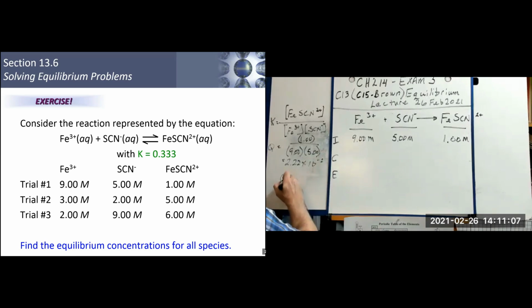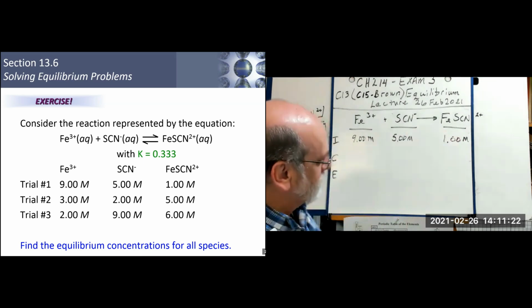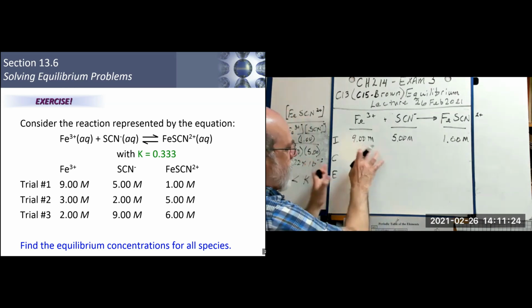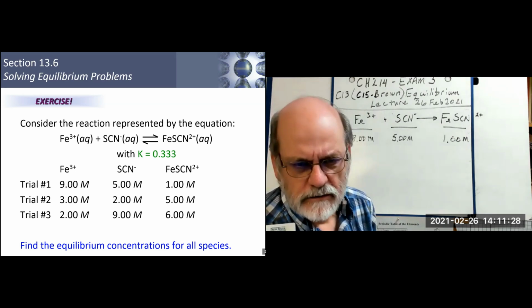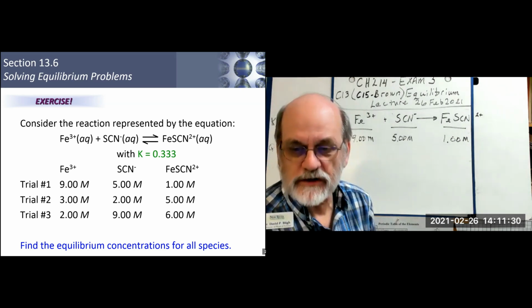So in this case, Q is less than K. If Q is less than K, that means we have not enough product and too much reactant. So we're going to move that way. So that means we're going to subtract from this side. By the way, what's the question? Find the equilibrium concentrations of all species.